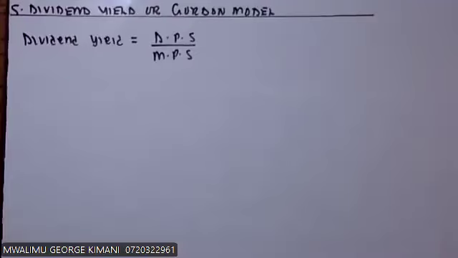Excuse me, teacher. Yes. I missed something. The intrinsic value of a share is equal to? Present value of all the expected dividends. Thank you. Welcome. Dividend yield is DPS over MPS.